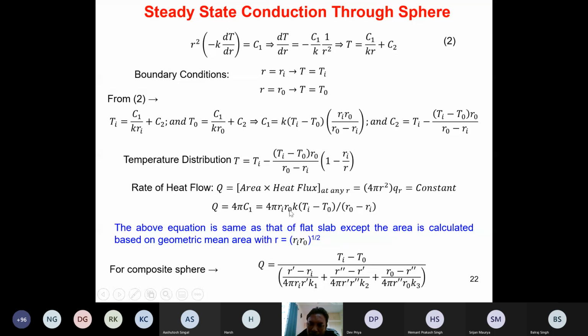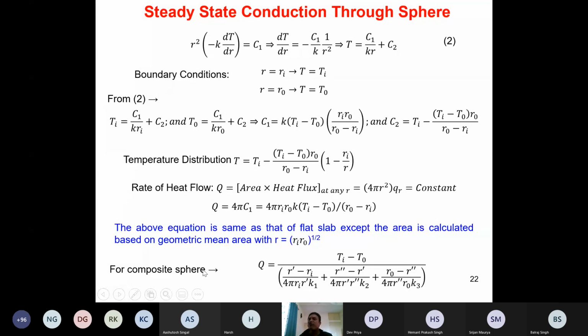So this will be area. 4 pi Ri R naught is going to be area into K Ti minus T naught divided by R naught minus Ri. So this is going to be the same expression as that of what we have obtained for a flat slab. The only difference here is going to be the area calculated is based on the geometric mean radius.